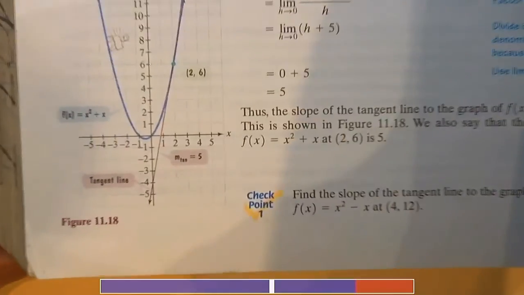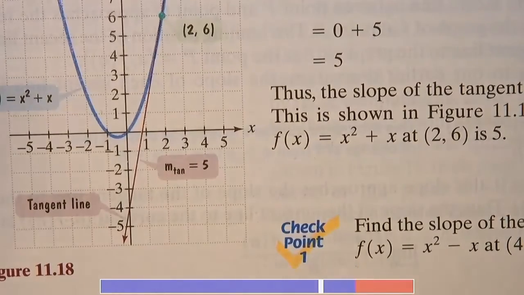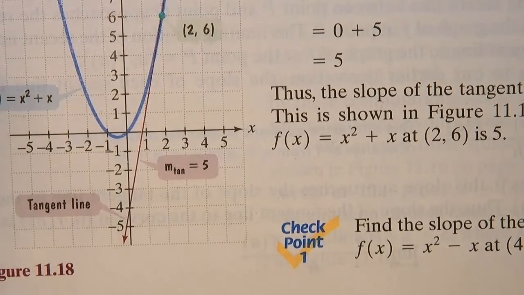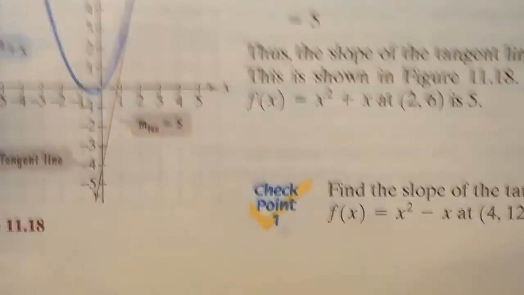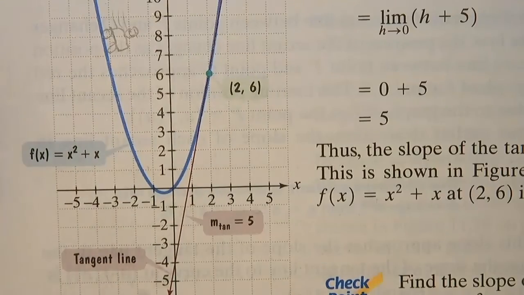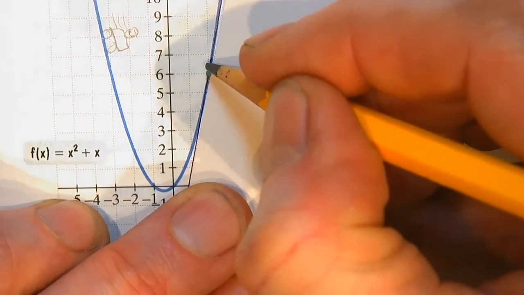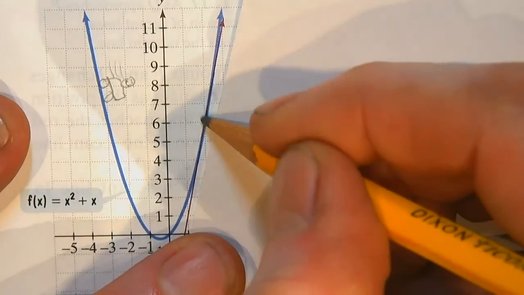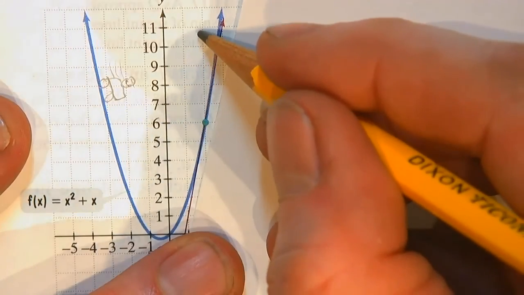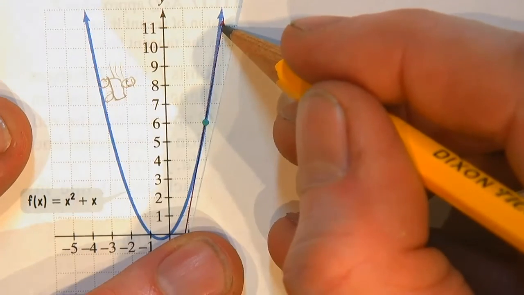Check out the graph. Would you agree that the slope is 5? In other words, is it up 5 over 1? Would you say it's up 5 over 1? Look at it right there. Up 1, 2, 3, 4, 5 over 1. Yeah, that's the red line.